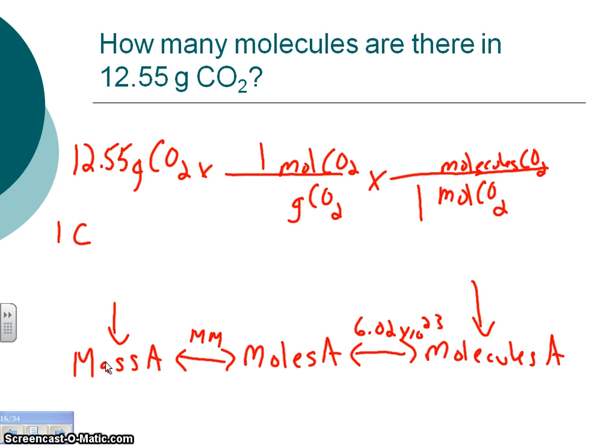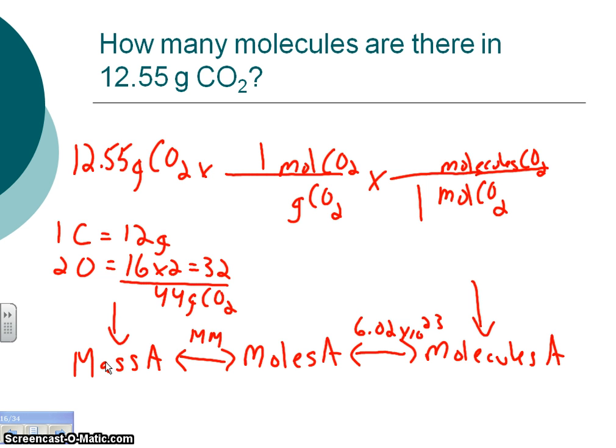We don't know the grams of carbon dioxide. So we have 1 carbon atom, which is at 12 grams, and we have 2 oxygen atoms, which is at 16 grams each. So 12 plus 32, we have 44 grams of CO2. So we're going to put 44 here.